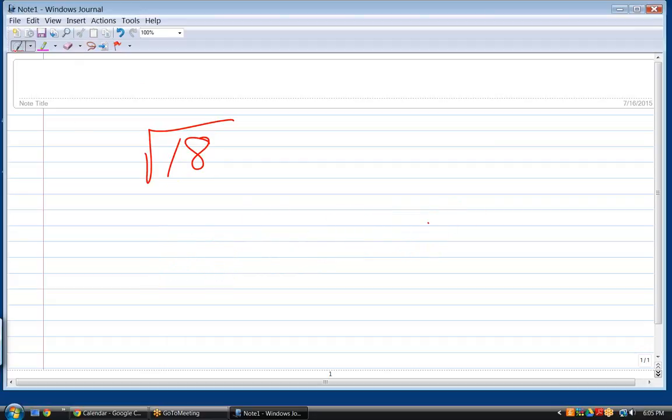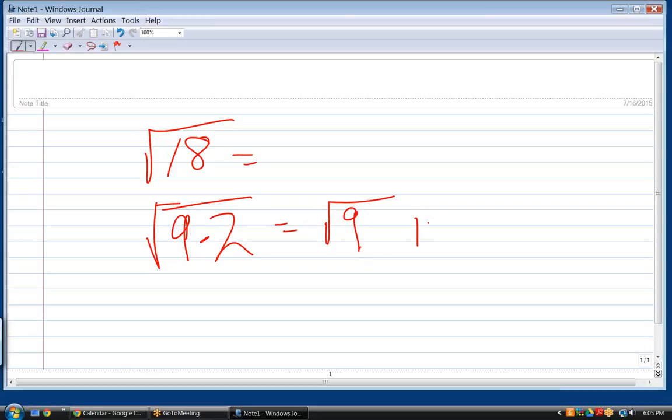In other words, I could rewrite that 18 as 9 times 2, right? Which means that it's now the square root of 9 times the square root of 2.